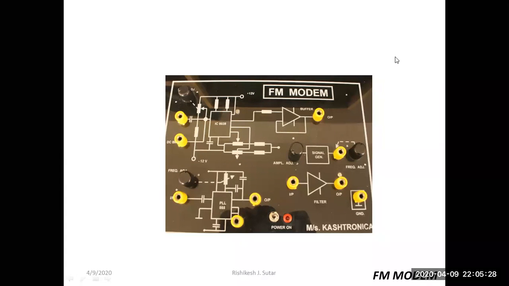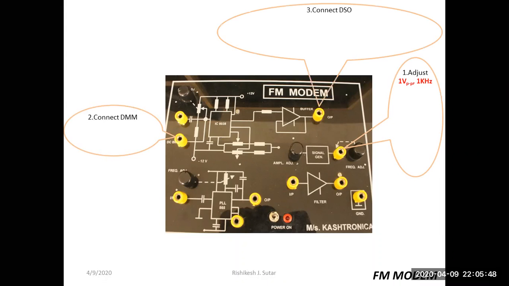Let us see the demonstration of FM modem stepwise. Initially you have to set the message signal to 1 volt peak to peak and 1 kilohertz frequency. You can connect the DMM at the DC bias point, and you can connect the DSO at the output of the buffer.